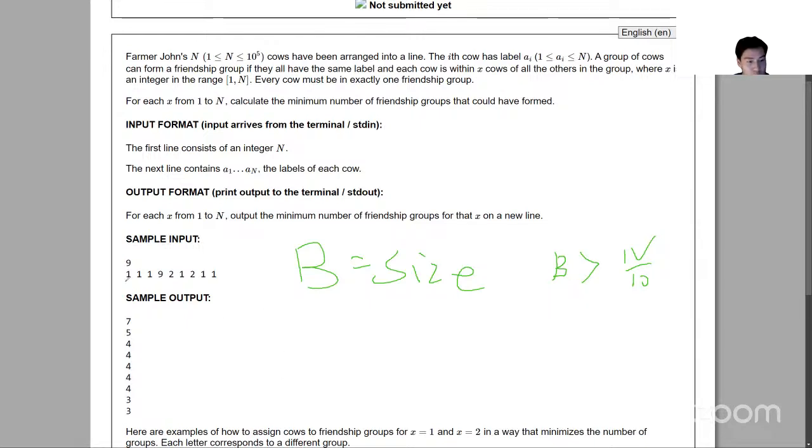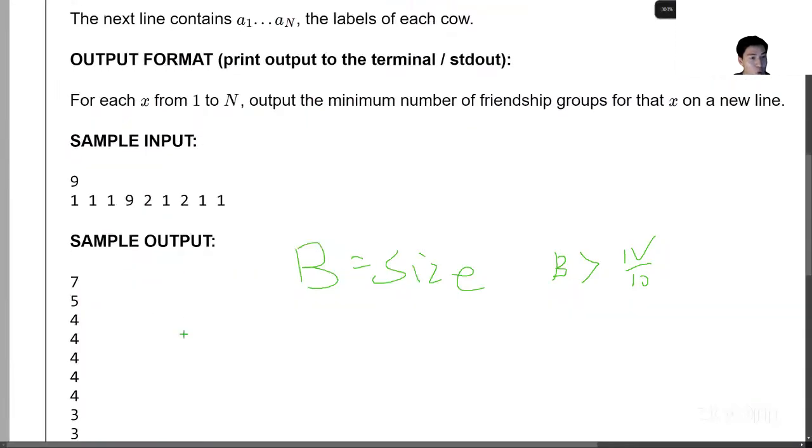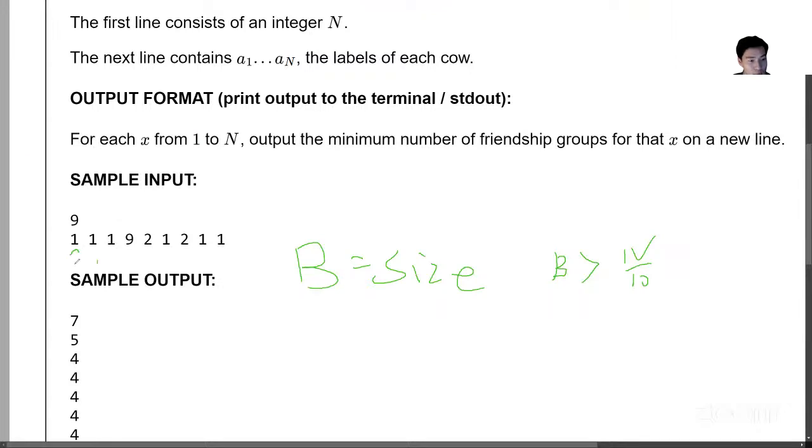Let's say in this case we have a bunch of 1s. Let's go ahead and get the indices of all the 1s. So we have a 1 at index 0, 1 at 2, and so on. These are the indices of all of our 1s. If we store this in a set or a vector and sort it, then we can easily simulate the number of groups needed just for this ID. Let's start with x equals 1.